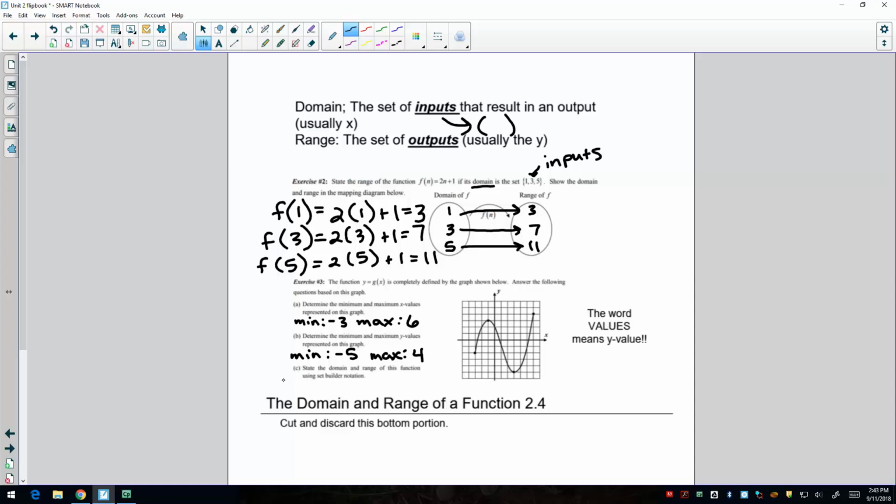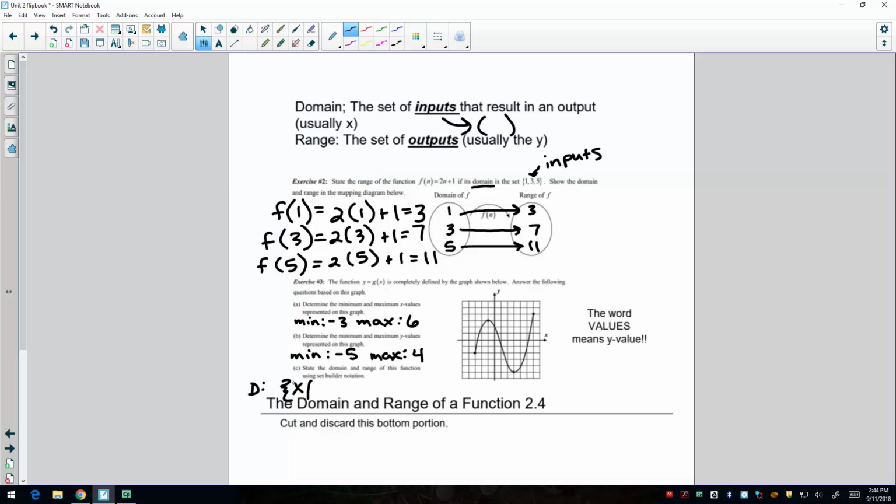So set builder notation is with the squiggly brackets. I'm awful at writing them. You first start by saying which variable you're talking about. So for the domain, I'll put a big D for domain, that is your x's. Then you draw a vertical line, and it reads such that.